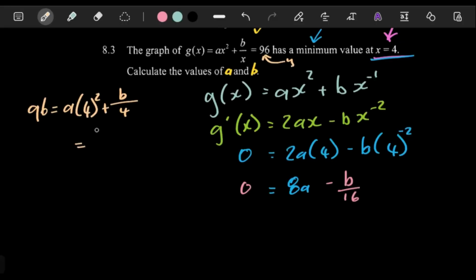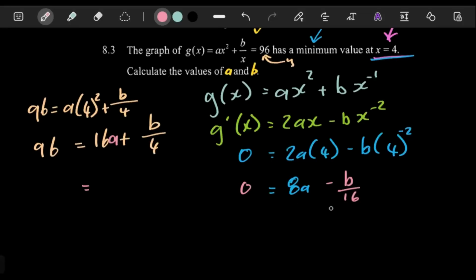For now, it's 4 squared is 16 plus b over 4. This is equal to 96. No. I forgot my a. So what now?